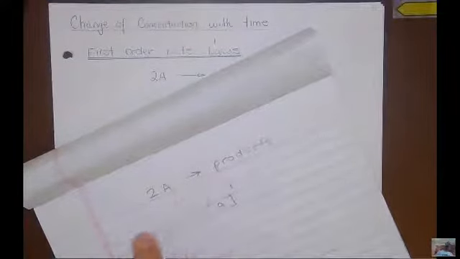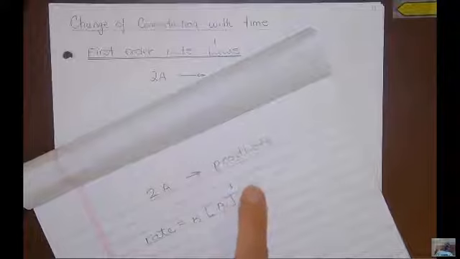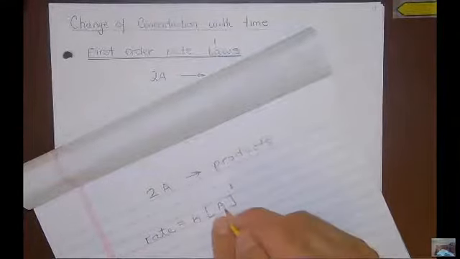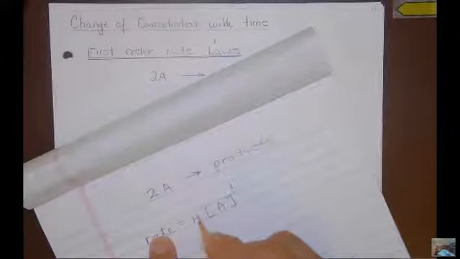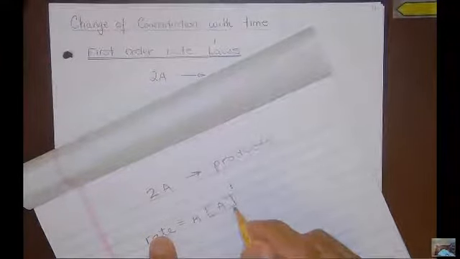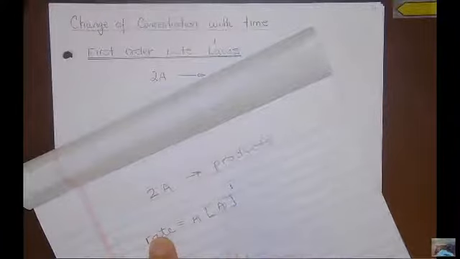So that kind of relationship we have to understand, if it's first order or second order, and this is how fast it's going if you know the rate constant at a particular temperature and you know what the concentration of A is at that temperature. But what I want to solve for now is following A with time.